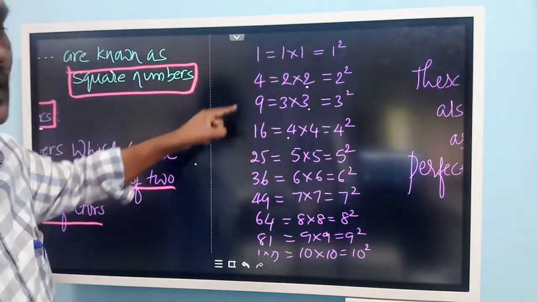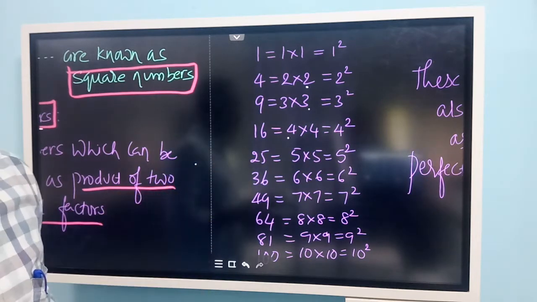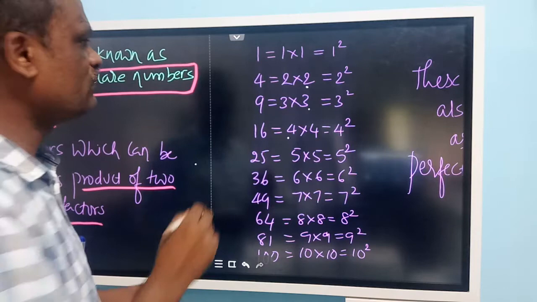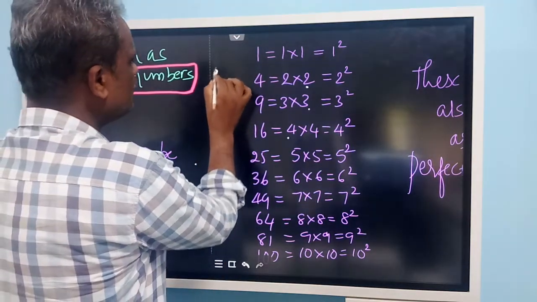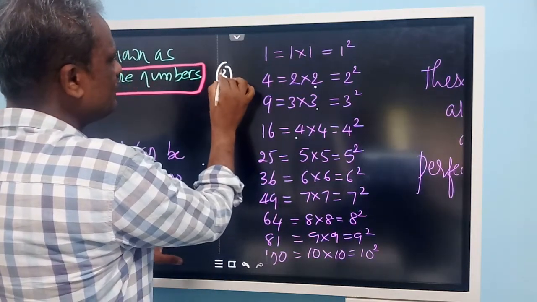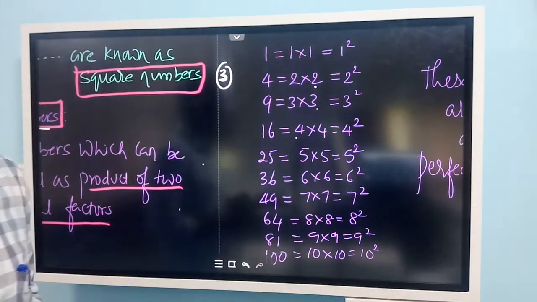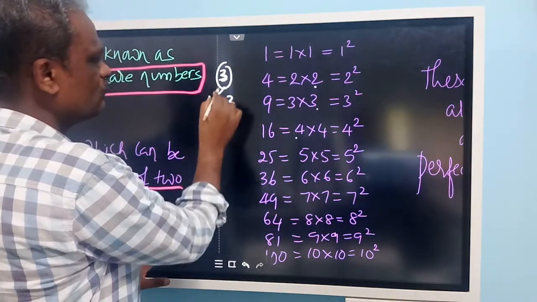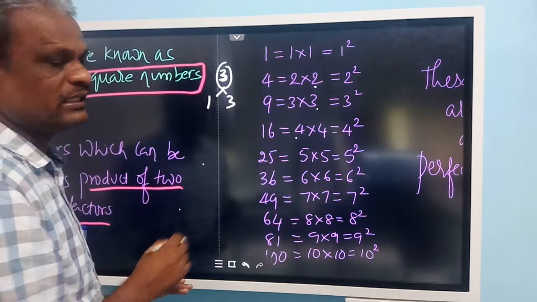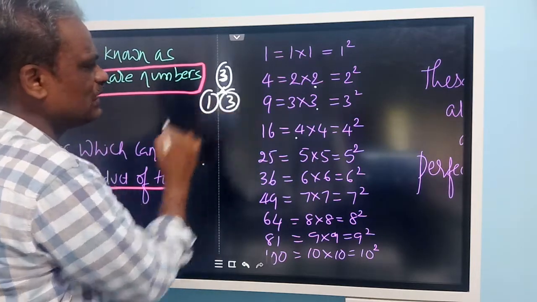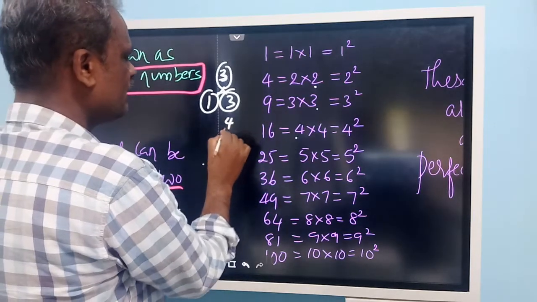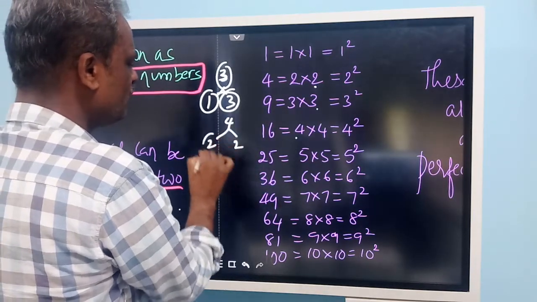What are the numbers called square numbers? The numbers which can be expressed as a product of two equal factors. For example, if you take 3 instead of 4, you cannot write 3 as a product of two equal factors. The factors you have are only 1 and 3, 1 into 3, and they are not equal. But 4 we can write as 2 into 2, equal factors.